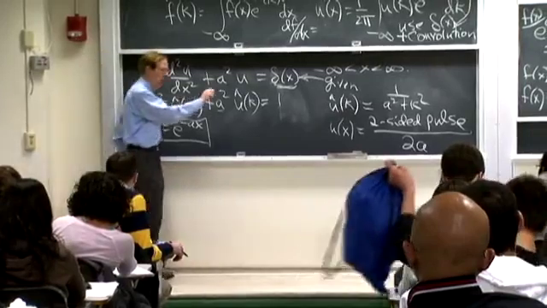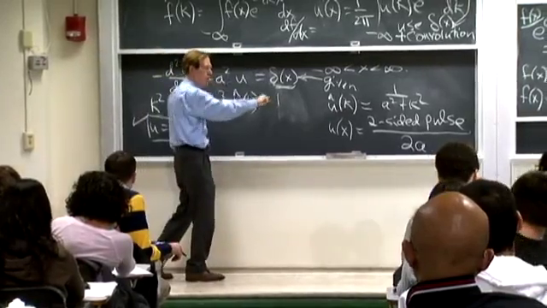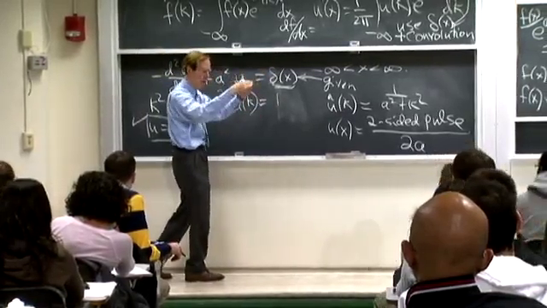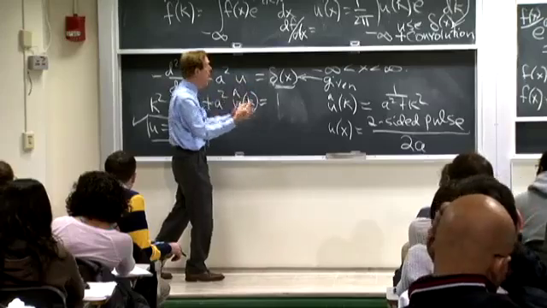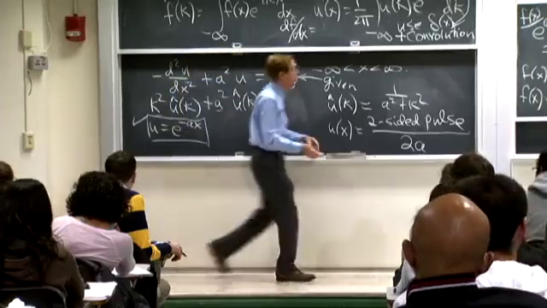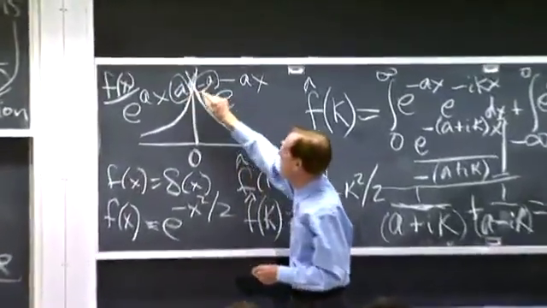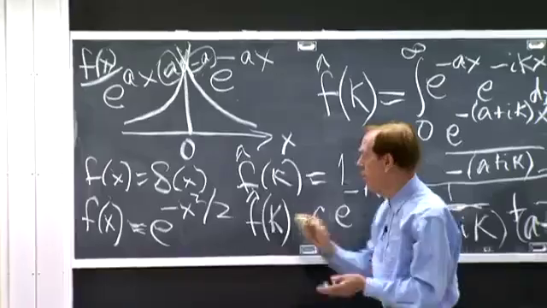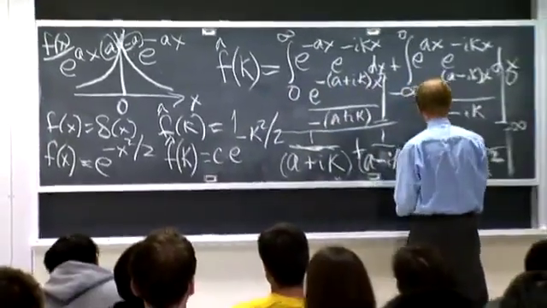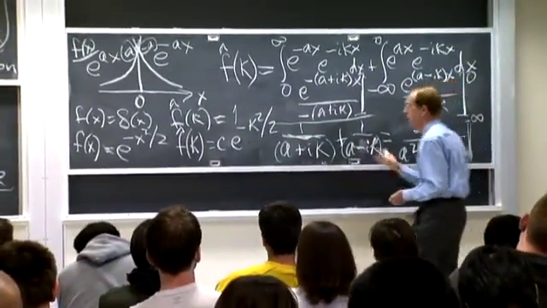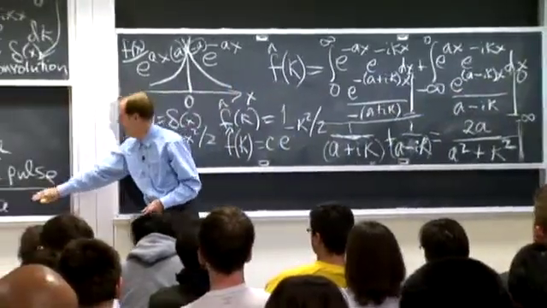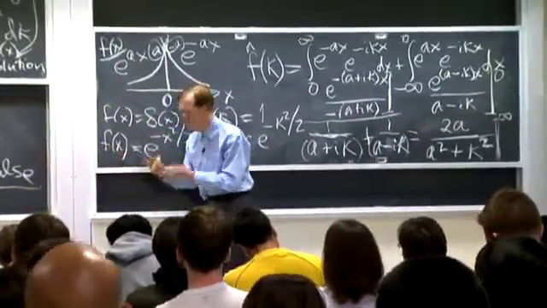We used to have corners going up and down, and the difference between the slopes was 1. And here, the difference between the slopes, look, the slope has dropped by 2a, and when we divided by the 2a, it was just right.